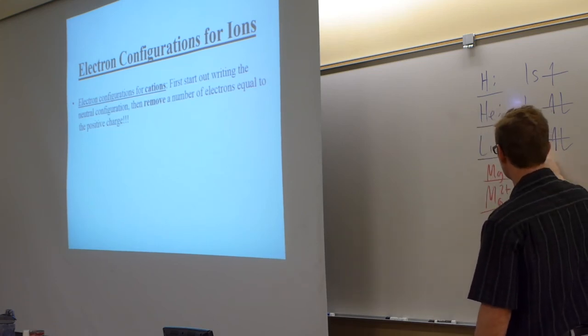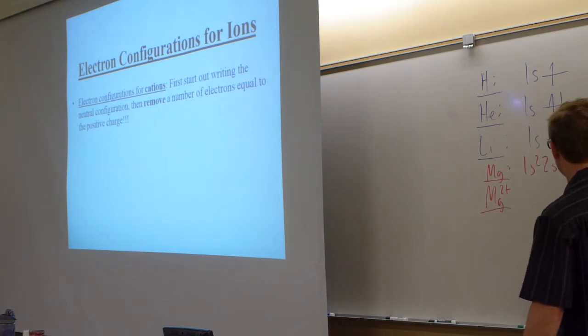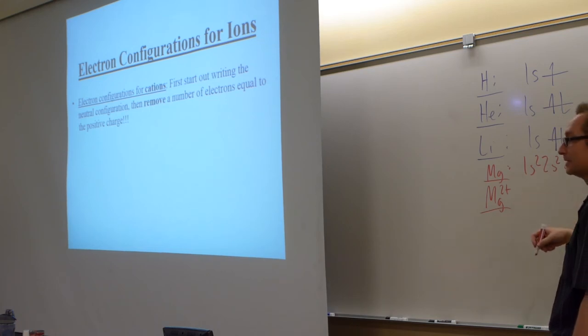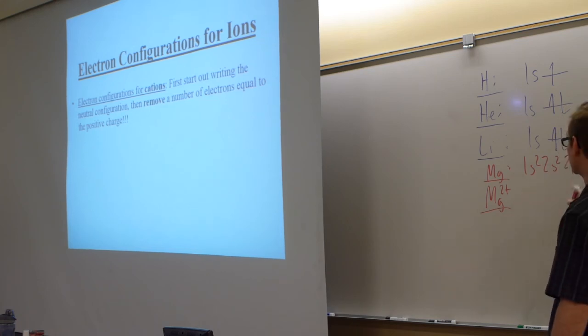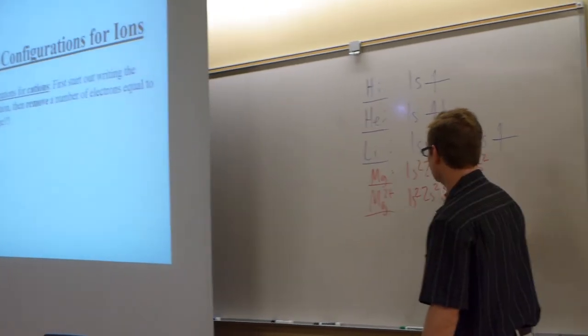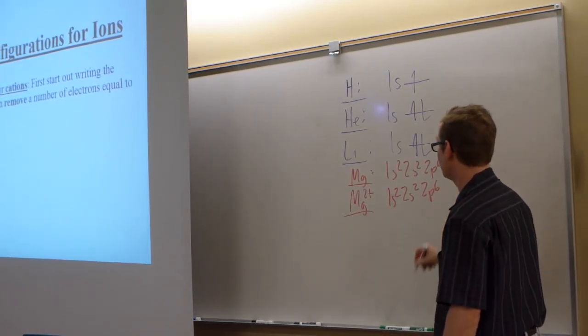Magnesium neutral is 1s2, 2s2, 2p6, 3s2. What would magnesium 2+ be? It'd just be at the 2p6, right? The 3s2 gets removed. Whatever the charge is, you take that many electrons off.